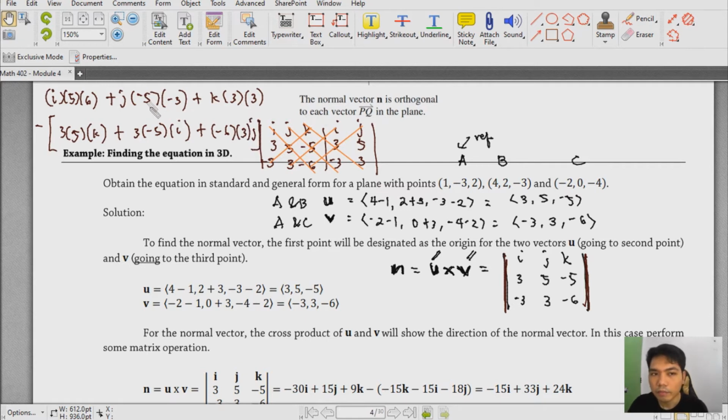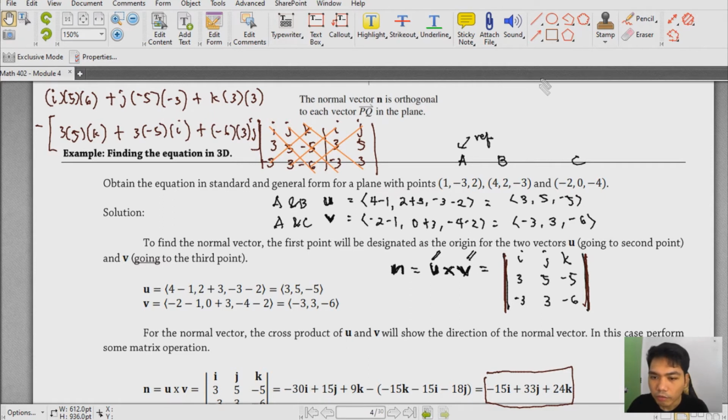If you take the sum of all of these, we get negative 15i plus 33j plus 24k. Hopefully you can evaluate that yourselves. It's easy, just multiply and then add, then combine like terms. So upon solving, we have n equal to negative 15i plus 33j plus 24k.